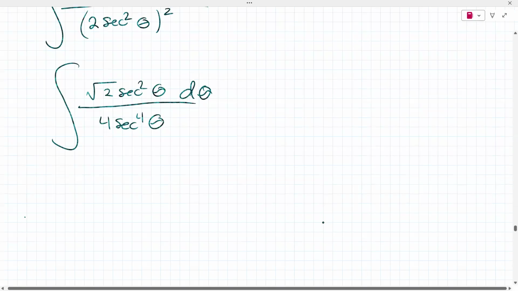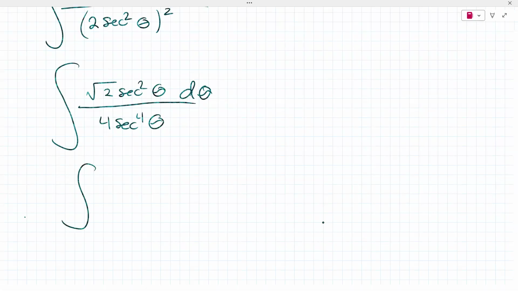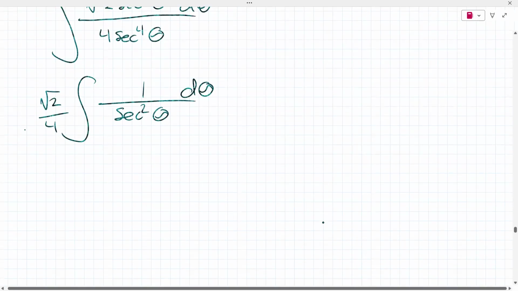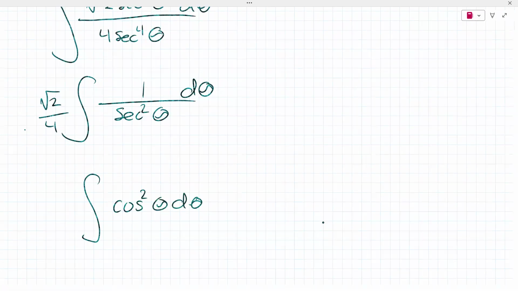I guess this radical 2 over 4 is a constant, so that's going to be radical 2 over 4. And then secant squared theta over secant to the 4th is 1 over secant squared theta d theta. And 1 over secant squared theta is the same thing as cosine squared theta d theta.